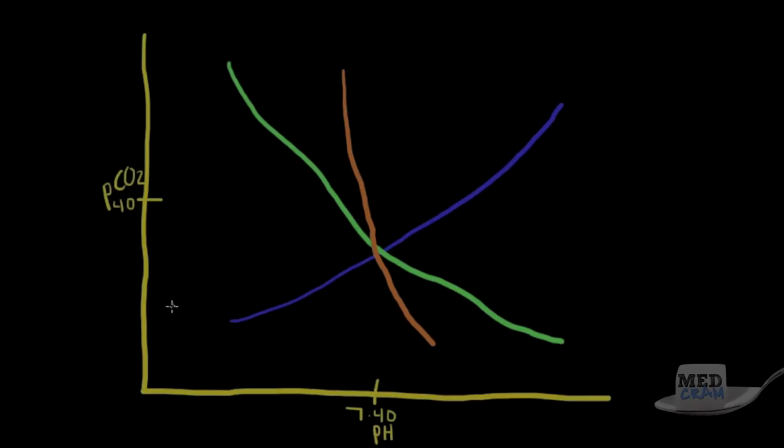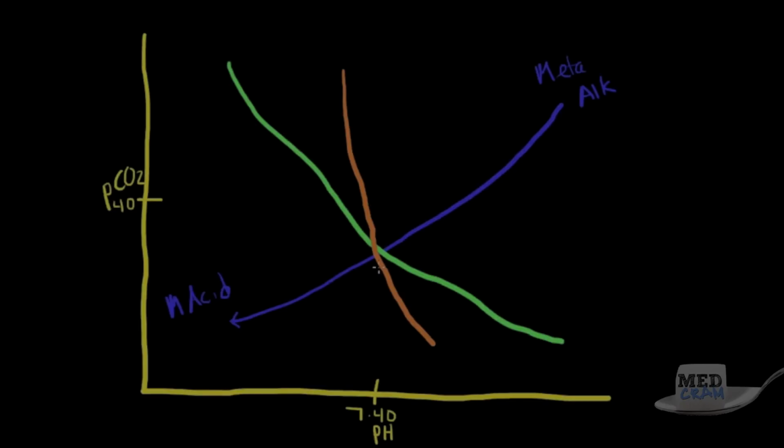So we know that this, down here, is a metabolic acidosis. And why is it an acidosis? Because the pH is low. So metabolic acidosis tends to push things down in this direction, whereas this must be a metabolic alkalosis.